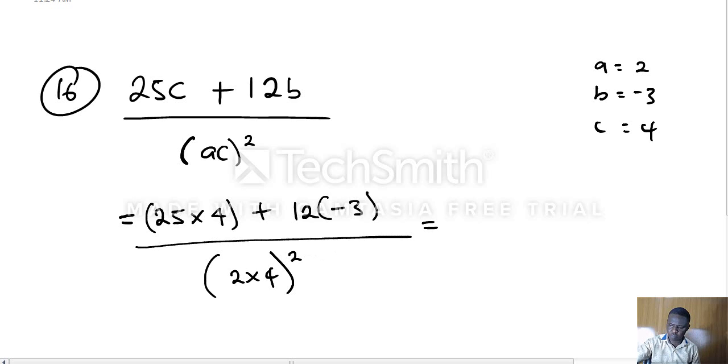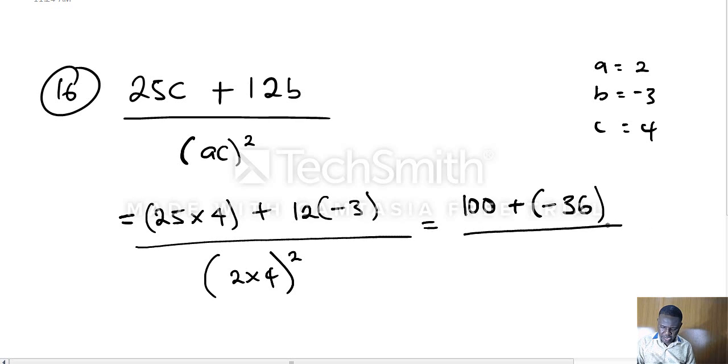This is equal to, we'll now simplify. 25 times 4 is equal to 100 plus 12 times minus 3, that will be minus 36, divided by 2 times 4 is 8 with a square.